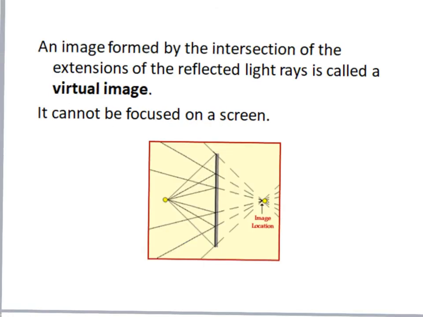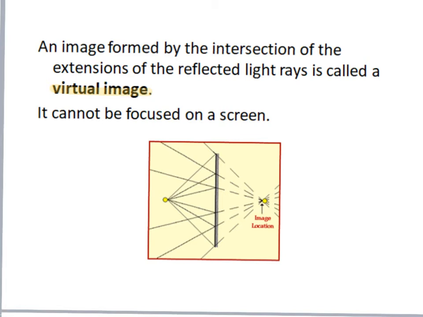So, I mentioned earlier that these lines are called the extensions of the reflected rays, because remember, these are the reflected rays, and when we extend those lines beyond the mirror, they're called extensions of the reflected rays. So, an image forms when lines intersect. When the image is behind the mirror, it's known as a virtual image.